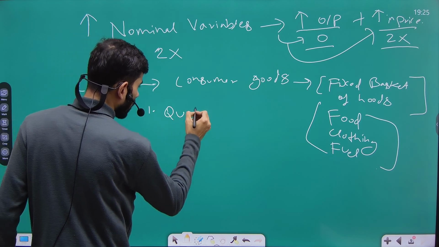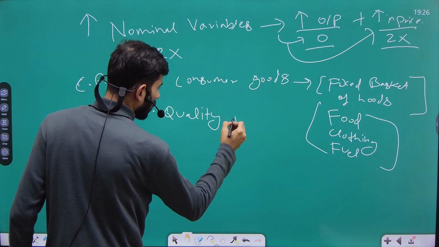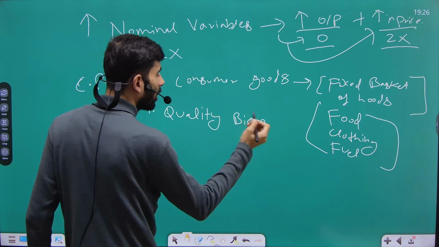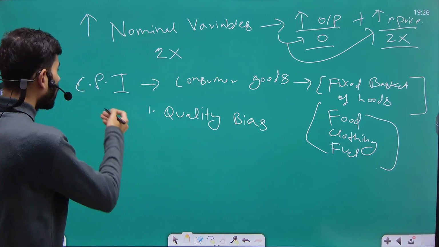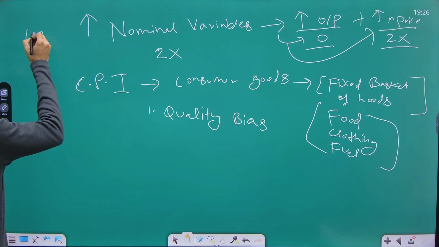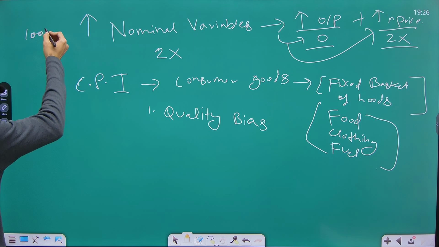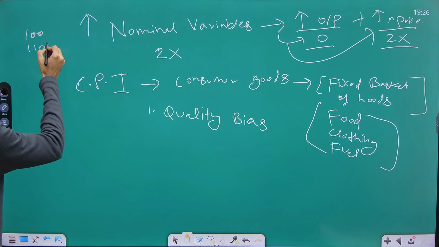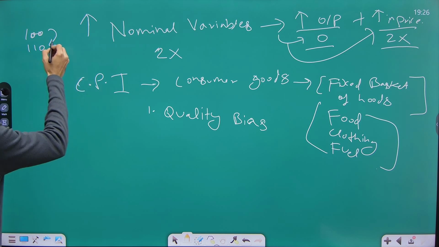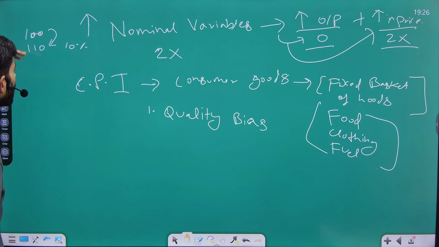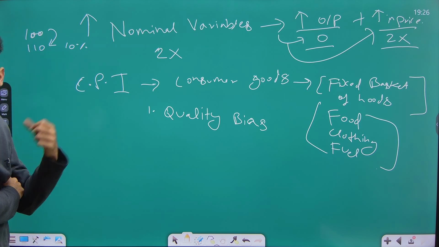quality bias. What do we mean by quality bias? In terms of a price index, suppose a particular product has a price level of 100 rupees in year 2025. In the next year, suppose the price level of this particular good rises to 110. Then using the CPI, it may show 10% inflation. But this rise in price level of a particular good can be due to a rise in the quality associated with it.